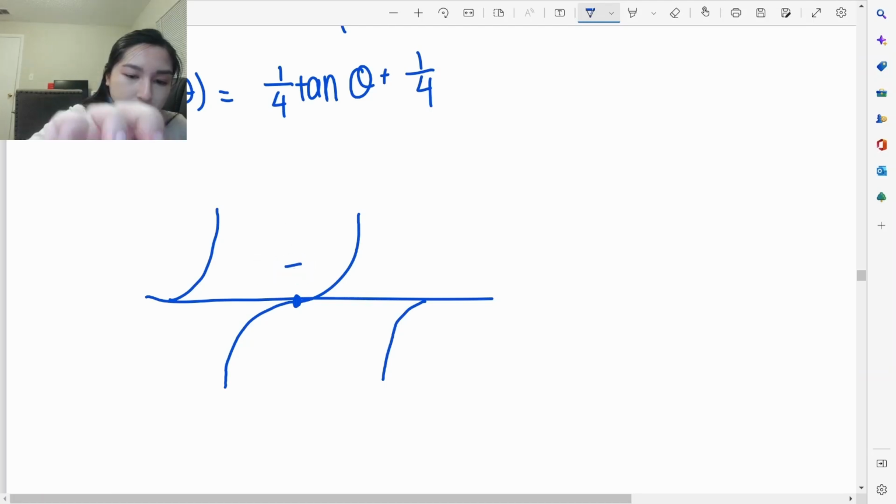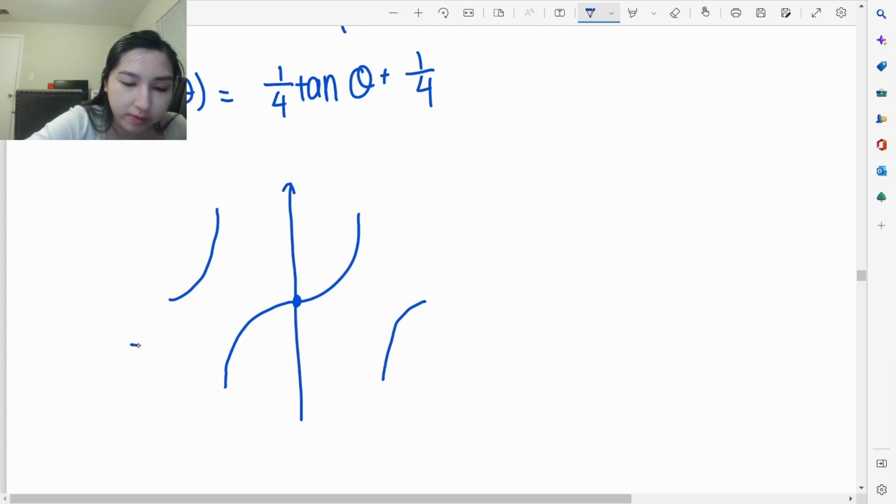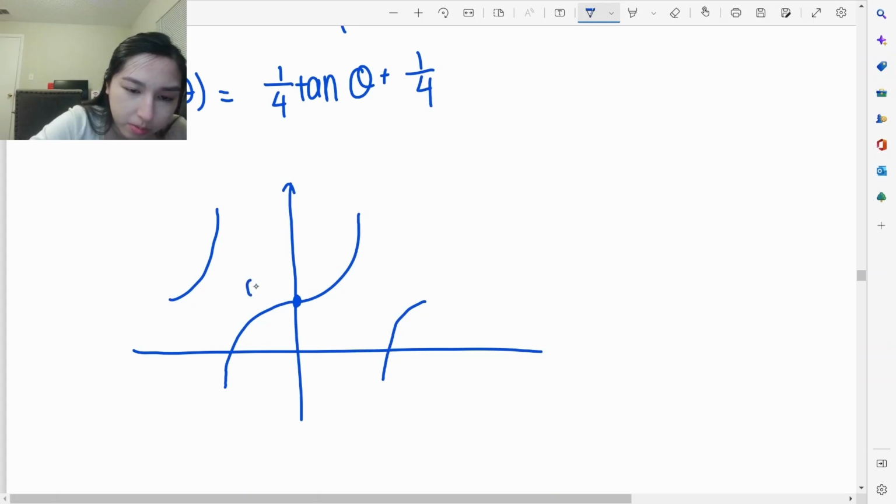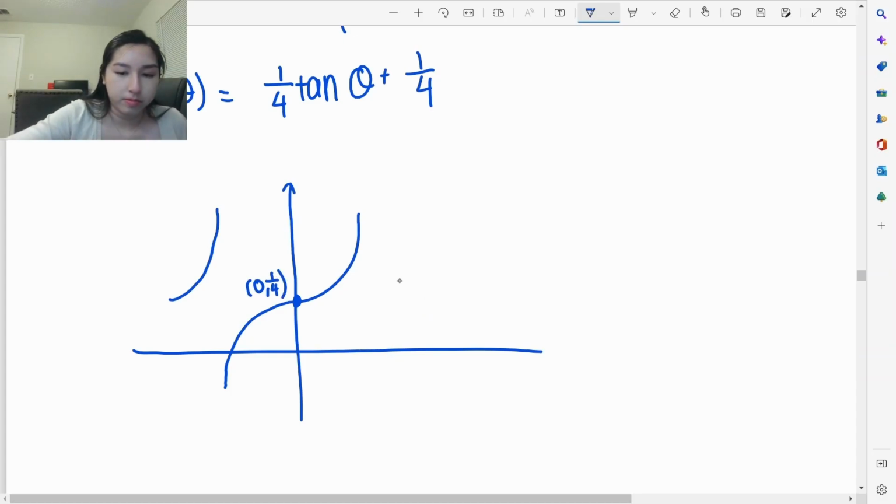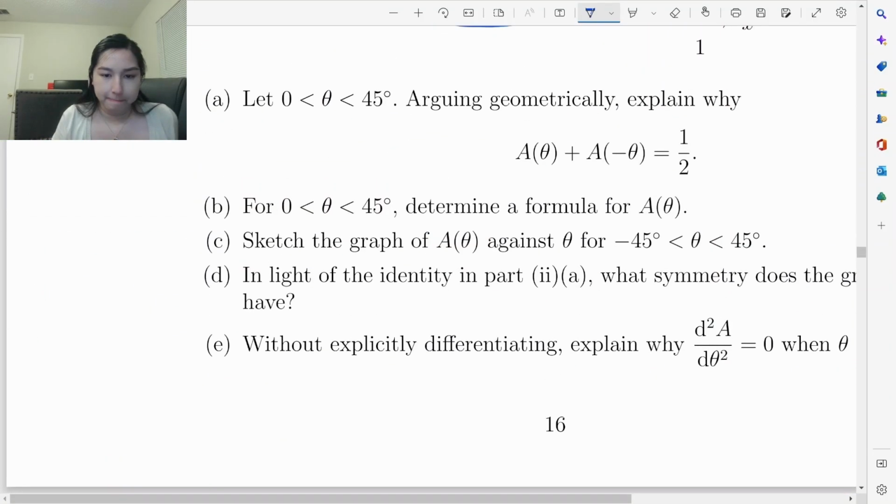I'm probably going to have to draw the axis. So right here, we shift the axis down and we squish it a bit. So this is 0, 1/4. What is the range anyway?